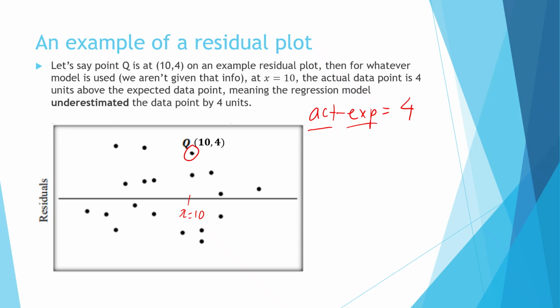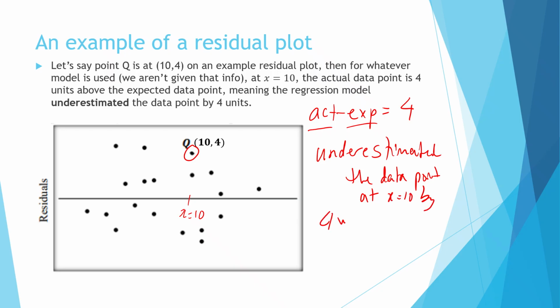So here, this would be an underestimation. When the actual data point is 4 units above the expected data point, the actual is way higher than what we expected. This means that we underestimated the data point at x equals 10 by 4 units.